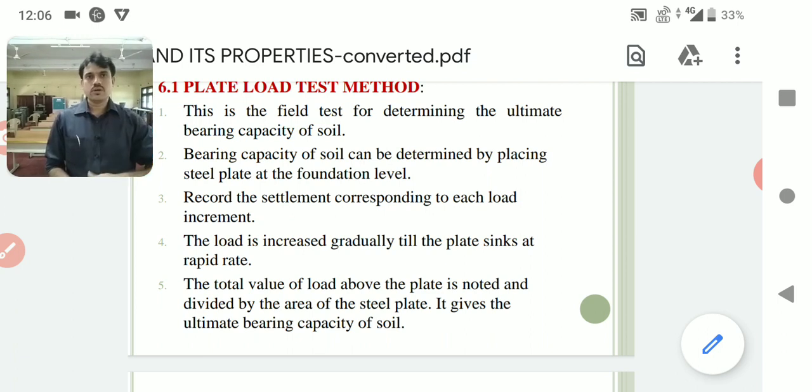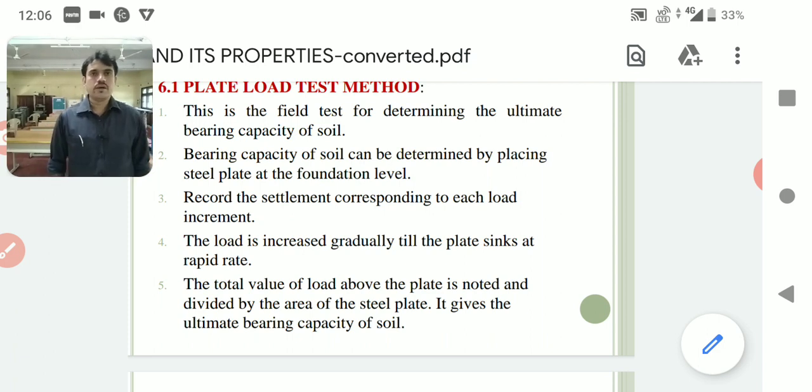The plate sinks down gradually when we apply the load or when we increase the load gradually. At that point we note the load, and the area of the plate is known. Load divided by area gives the bearing capacity of soil at that particular point.